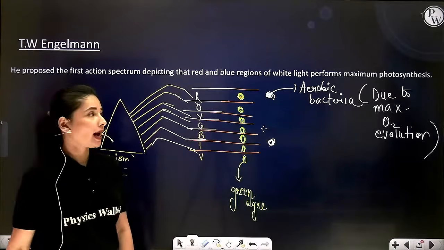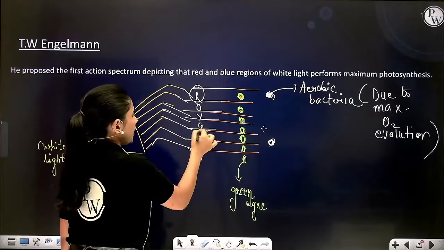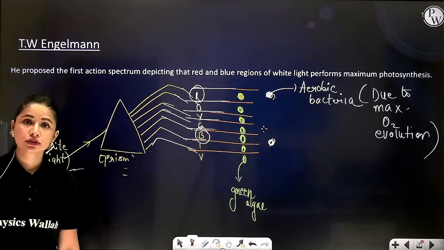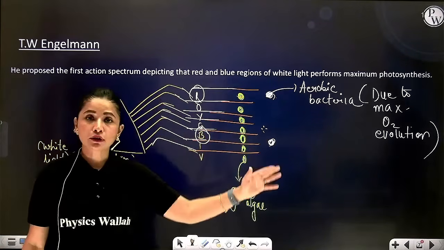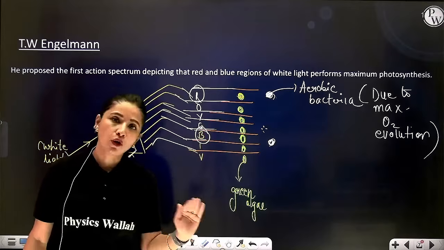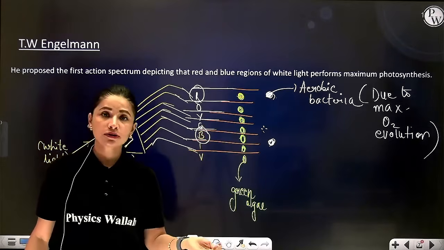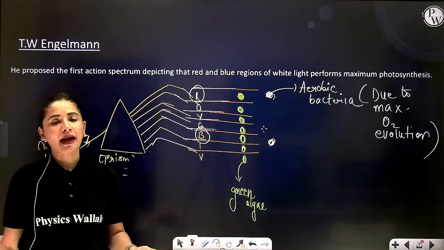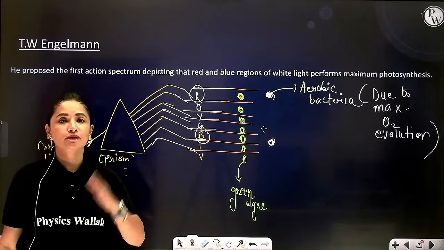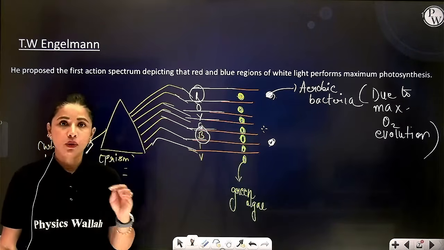Because red and blue region favors maximum photosynthesis. That means if you give whole white light but cut off red and blue, then there will be no photosynthesis. Or you can also say like this, you only give red and blue light to the plant, plant will happily perform photosynthesis even if you cut the other components of white light.